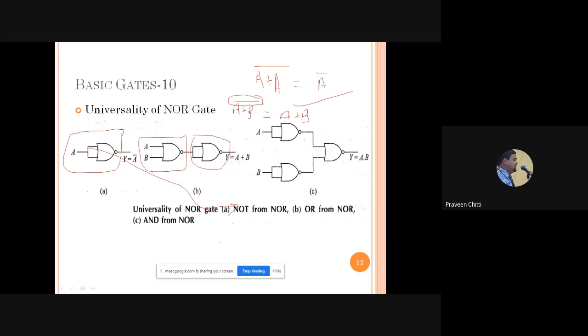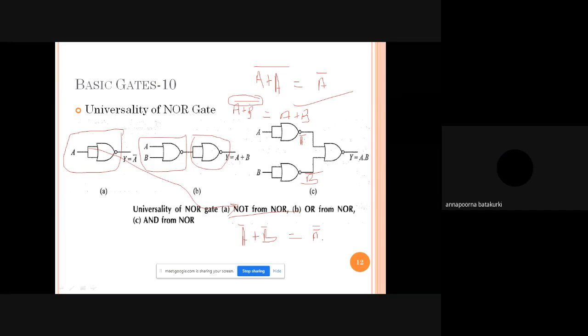Similarly, if you want to get AND, that is A dot B, what should you do? Give A, get A bar, then get here B bar, and if you give this A bar and B bar here, we'll get A dot B. You already studied De Morgan's theorem. Actually you will be getting A bar plus B bar whole bar. How do you write this?